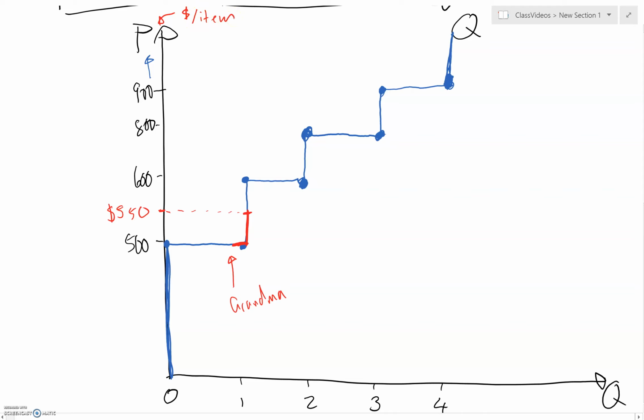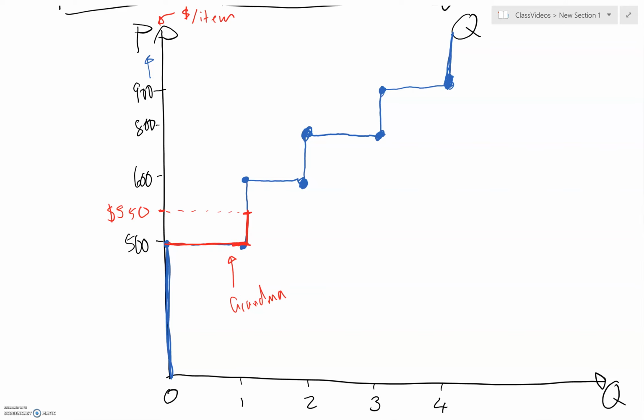If we're thinking about the monetary benefits of how much Grandma benefits from participating in the market, we need to multiply this benefit per item by the number of items that she sells. Her cost per item is constant across here, because it's one item and it's $500.